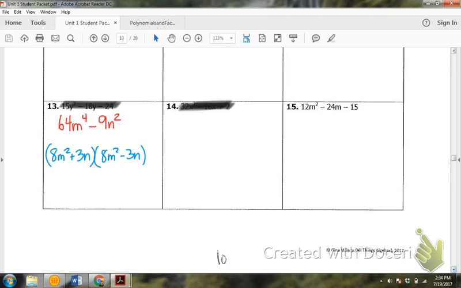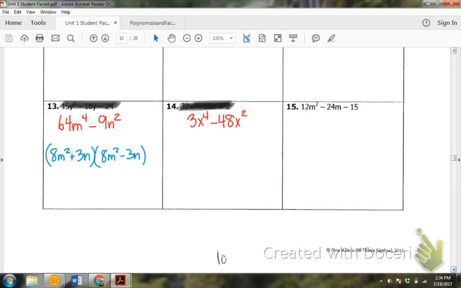3x to the 4th minus 48x squared. They're not perfect squares, but James, what are you thinking? Is it prime?